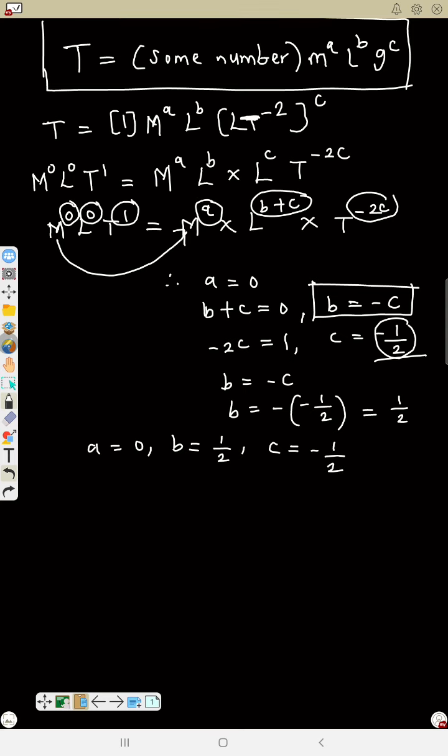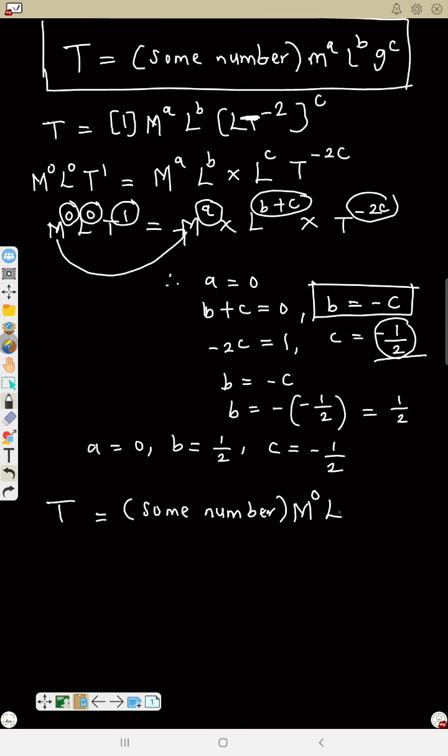So now we can come back to our period. T is equal to some number, then M raised to power A. We already know A is 0.